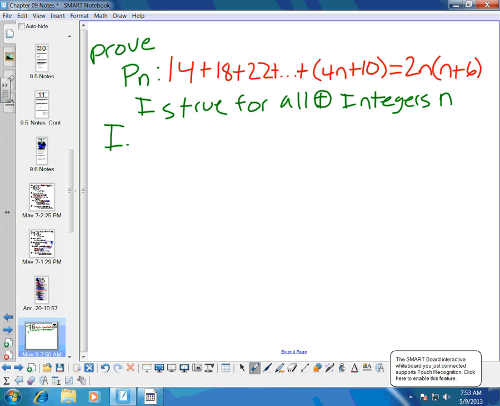Okay, how are we going to do this? Correct. Notice the rule is 4n plus 10.